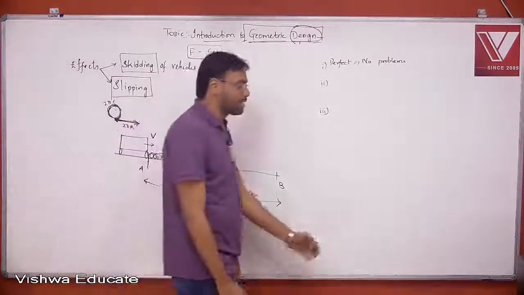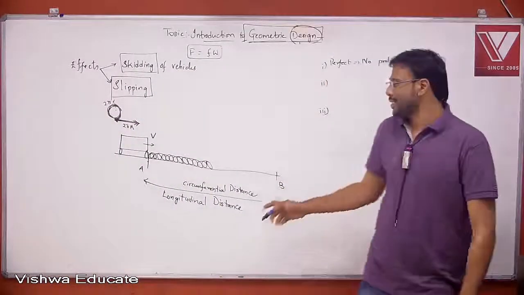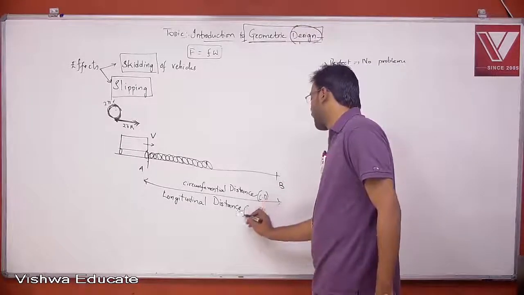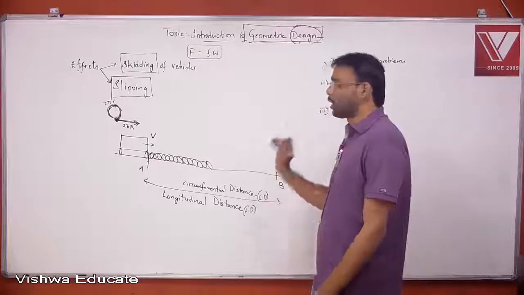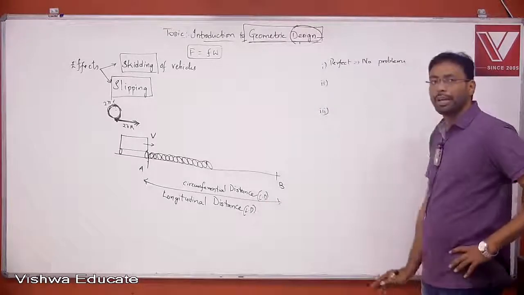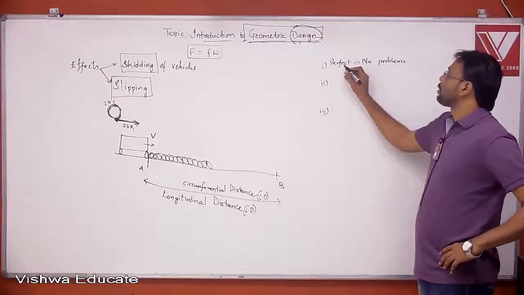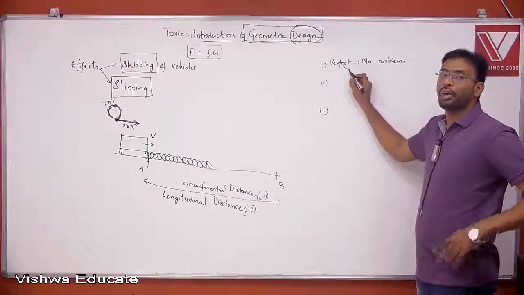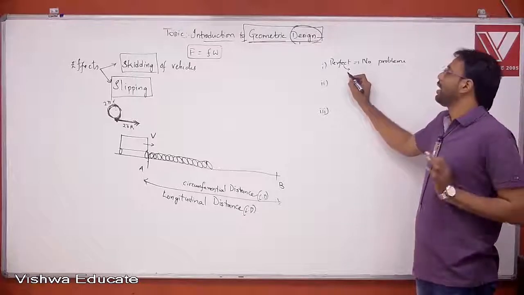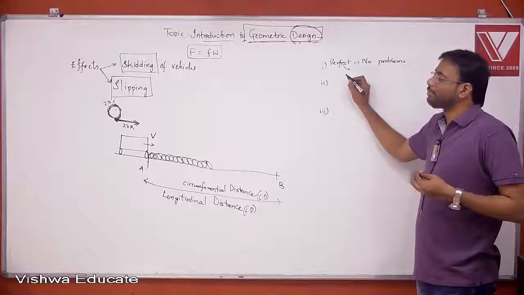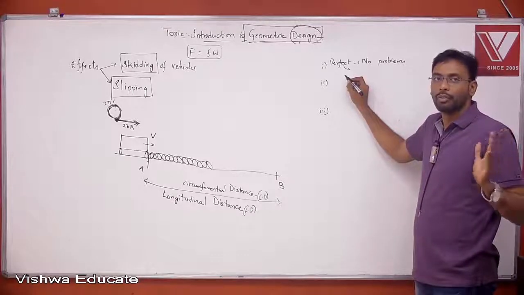Now, what is the relation in the first case, the perfect case, between circumferential distance, CD for short, and longitudinal distance, LD for short? As you have not applied any brake and your road is smooth and good, your vehicle travels smoothly with no problems at all.